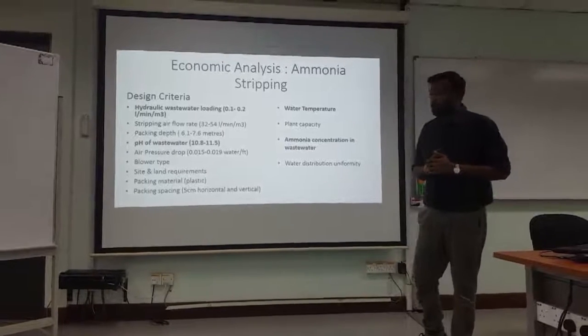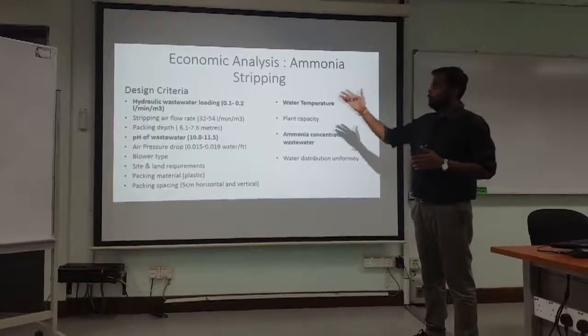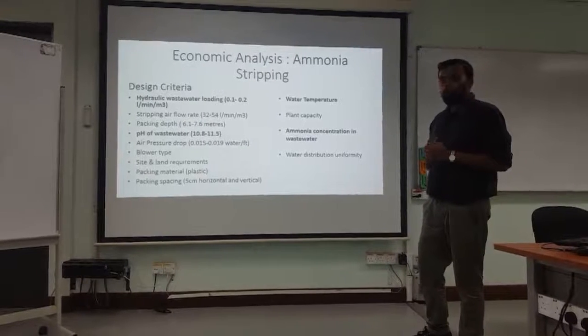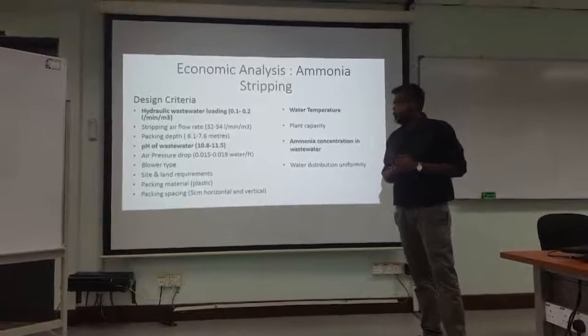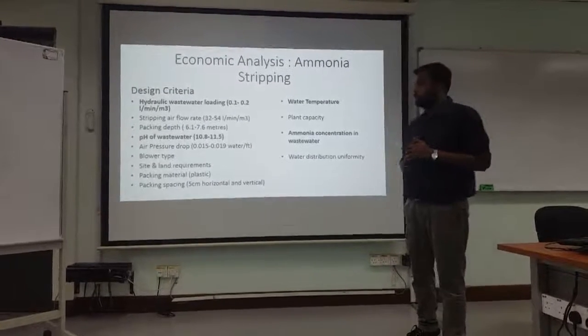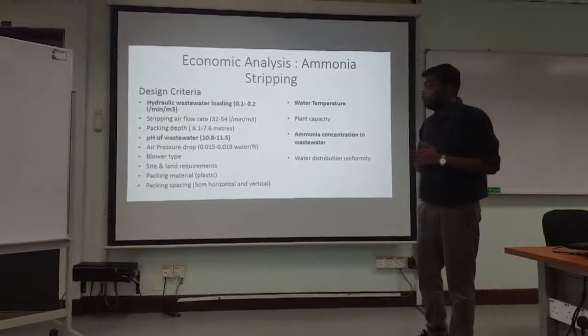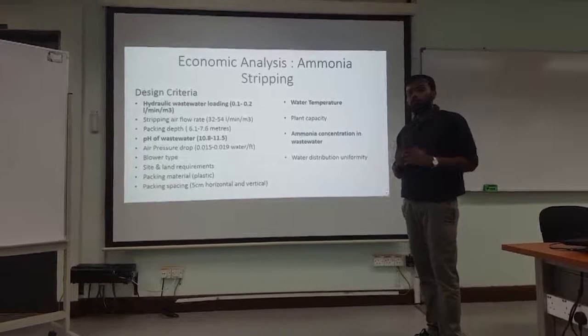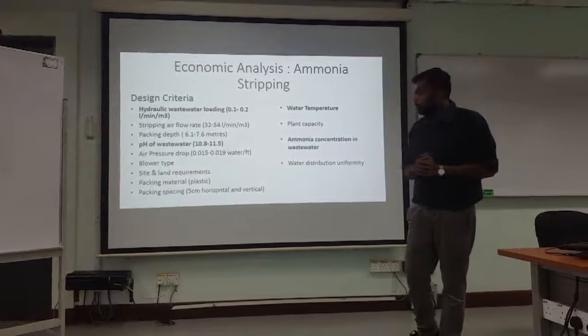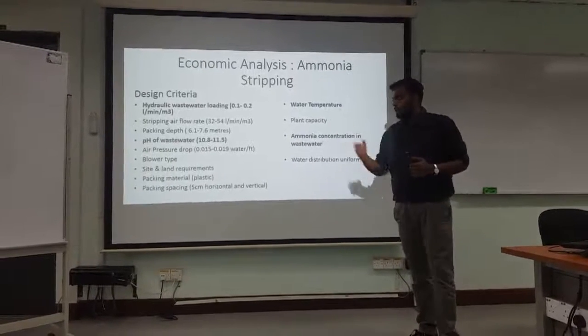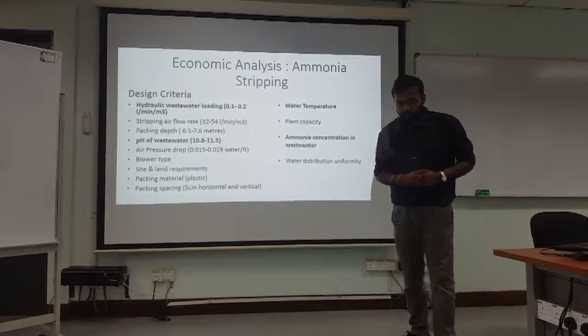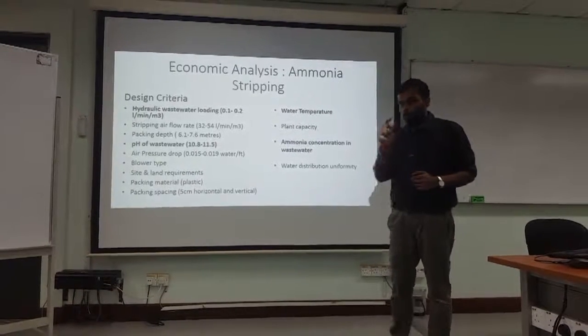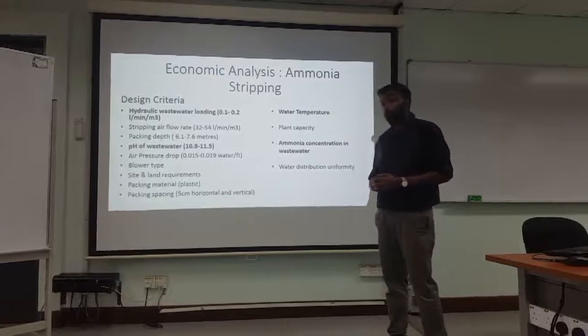Let's talk about the design criteria, where the hydraulic wastewater loading should be optimum at 0.1 to 0.2 liter per minute per meter cube. Next is the stripping air flow rate, which is 32 to 54 liter per minute per meter cube. The packing depth should be 6.1 to 7.6 meters. The most important thing is the pH of the wastewater.